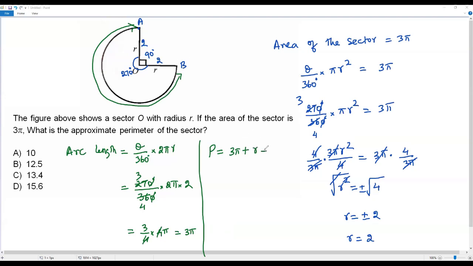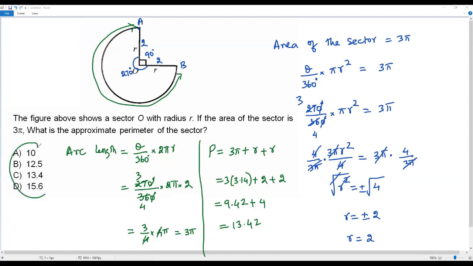So that is r, positive r, and r. Taking the approximate value of pi as 3.14, and the radius of the sector being 2, which we already got, when I multiply 3.14 by 3, I get 9.42. Positive 2 plus positive 2 will become 4. When I add 9.42 and 4, I get 13.42. Now I have the perimeter of the given figure, that is 13.42 units.